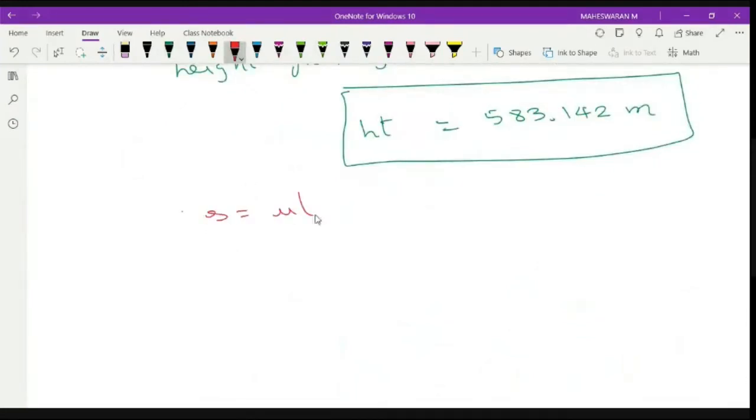S is the distance from the hill to the ground, which is minus 550. So minus 550 is equal to uy t minus 4.905 t square.